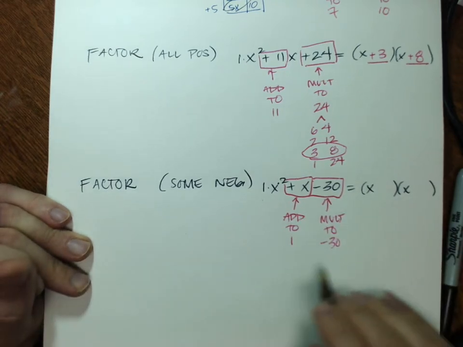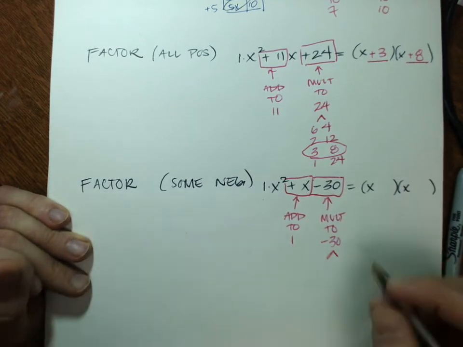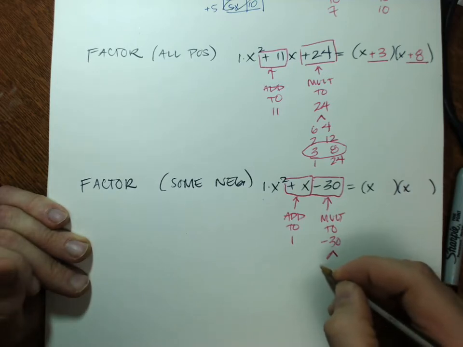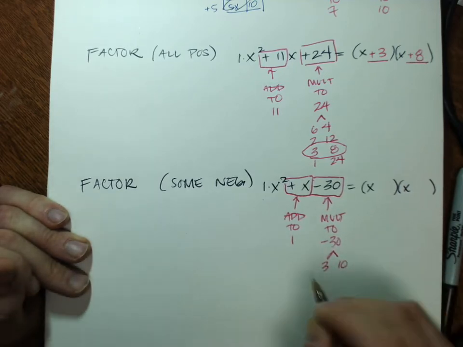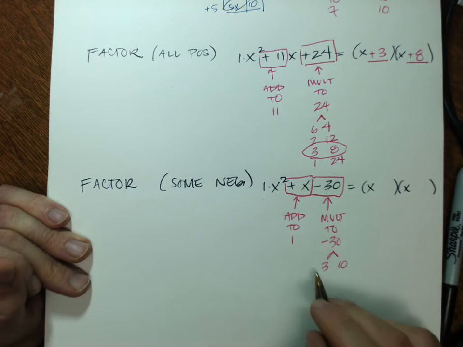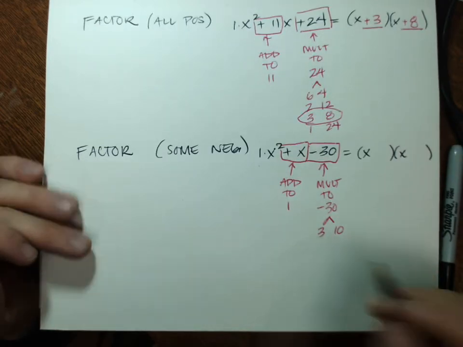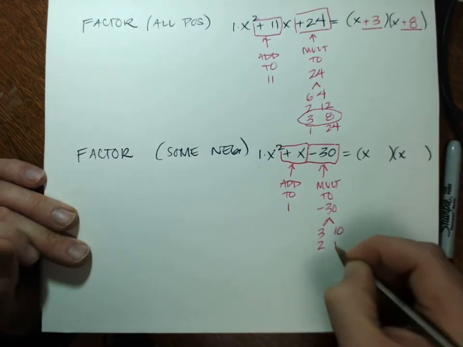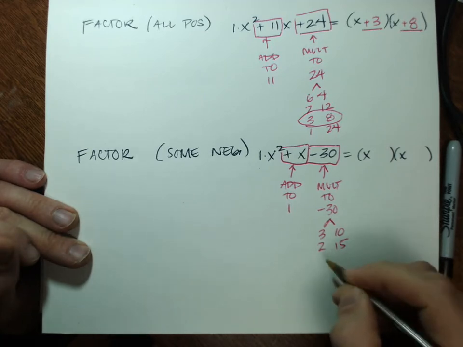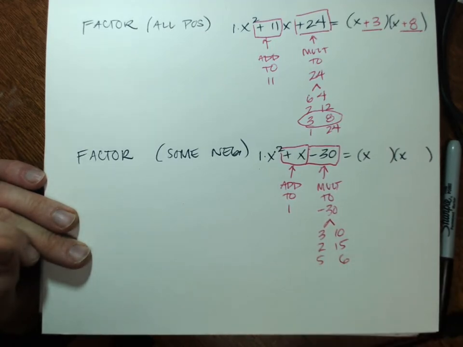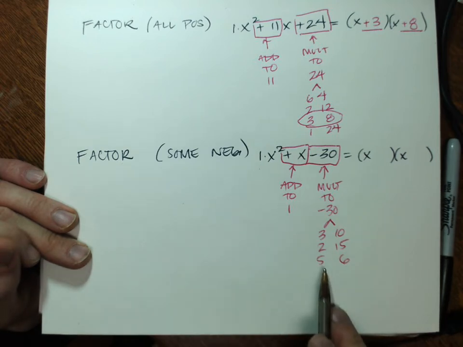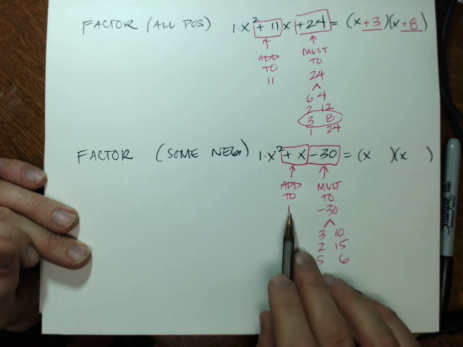And the things that multiply to negative 30, let's see, could be 3 and 10, and one of these is going to be negative, so I'll just list them as if they're positive for now. It could be 2 and 15, it could be 5 and 6, and those are the only combinations there. And when we consider one of them to be negative, they're going to have to add to a positive 1.